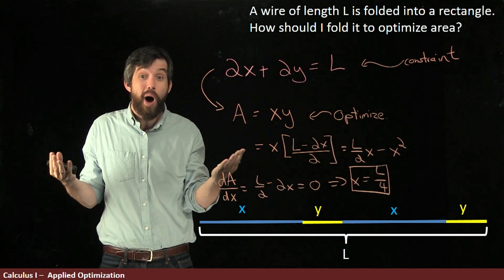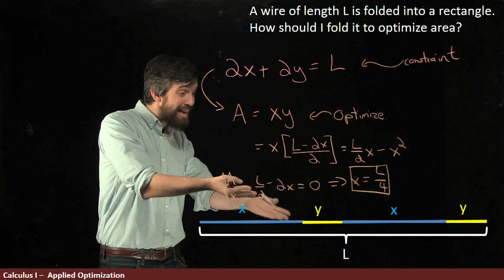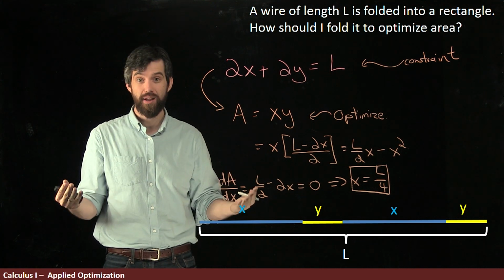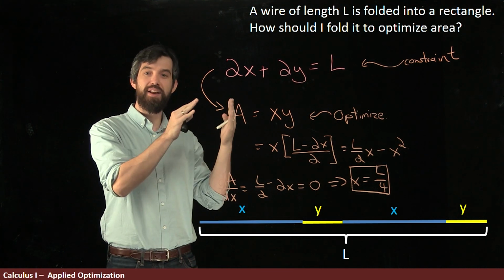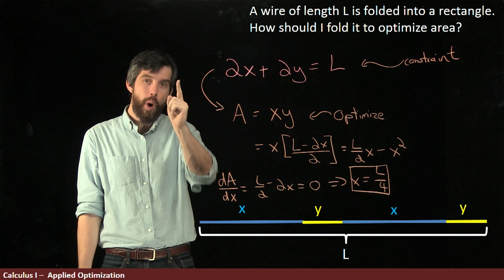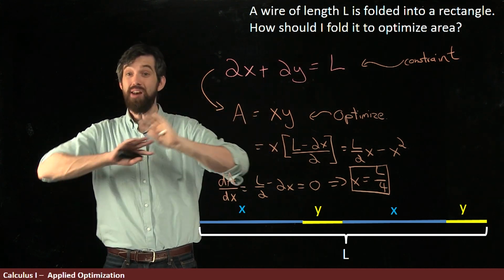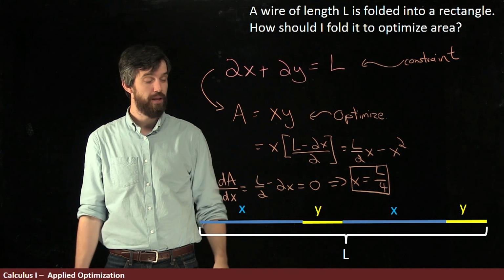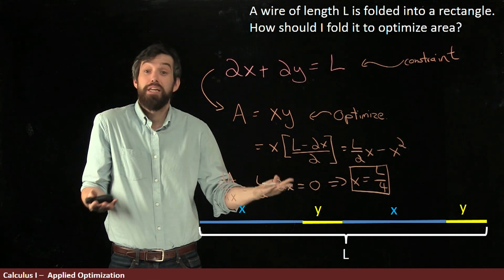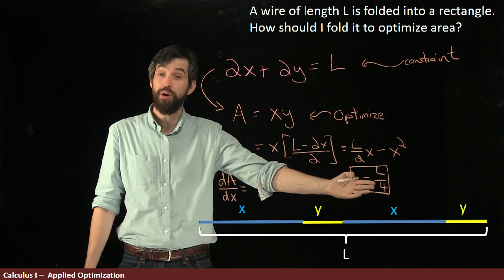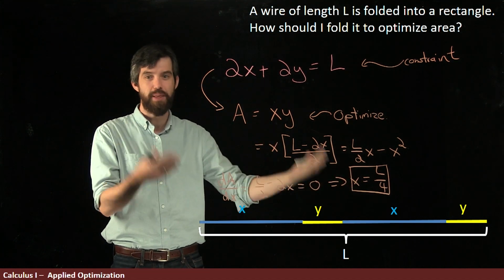So in other words, the y would be 0 if the x was L over 2, because twice x would be the entire thing, the L. So the one endpoint was 0, the other one is L over 2, but that gives a y of 0, and the area at 0 would again be 0. So the endpoints are clearly not maximums. And then, because there is clearly non-zero possibilities here, this means that this single critical point has to be the maximum.